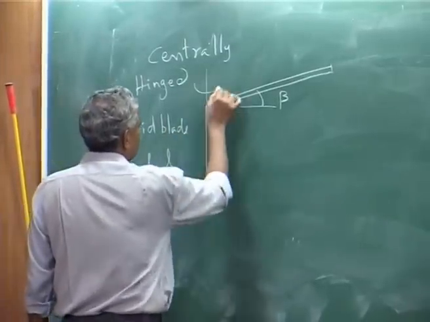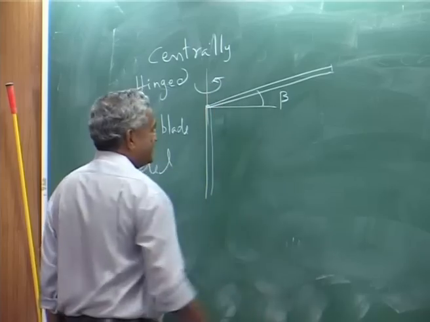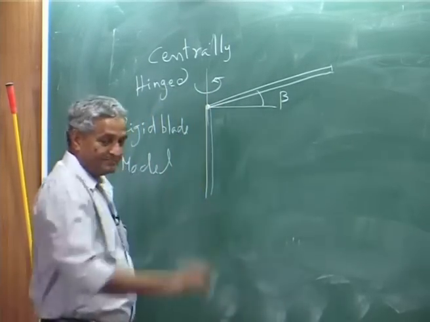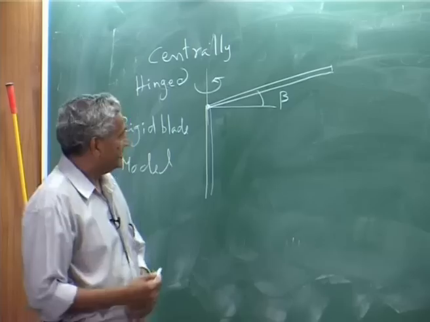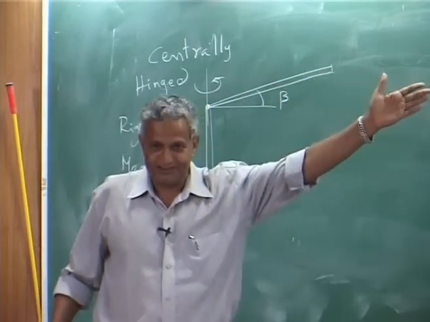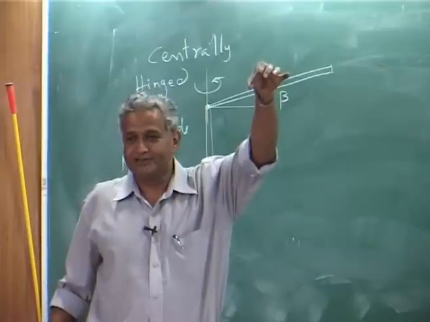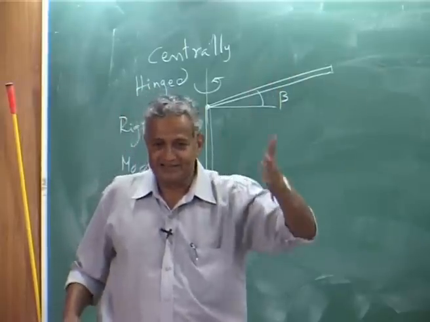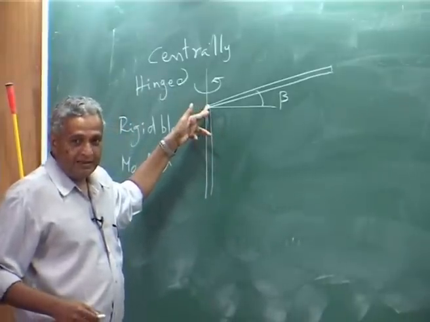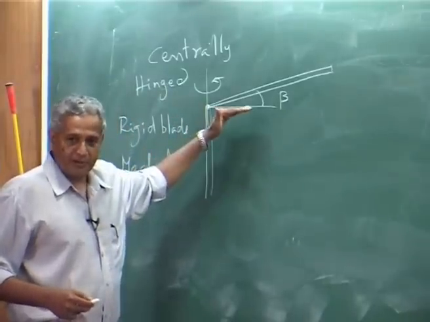And this is rotating about this. Centrally hinged is, this is the hub center, like a pendulum. Because it is a pendulum, you hold it in some place and it just oscillates. Same way, the hinge point is here. This is one type of model.